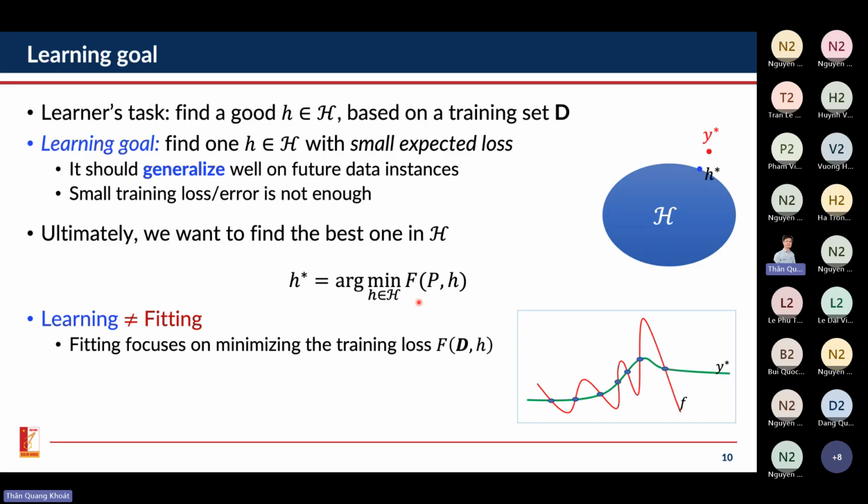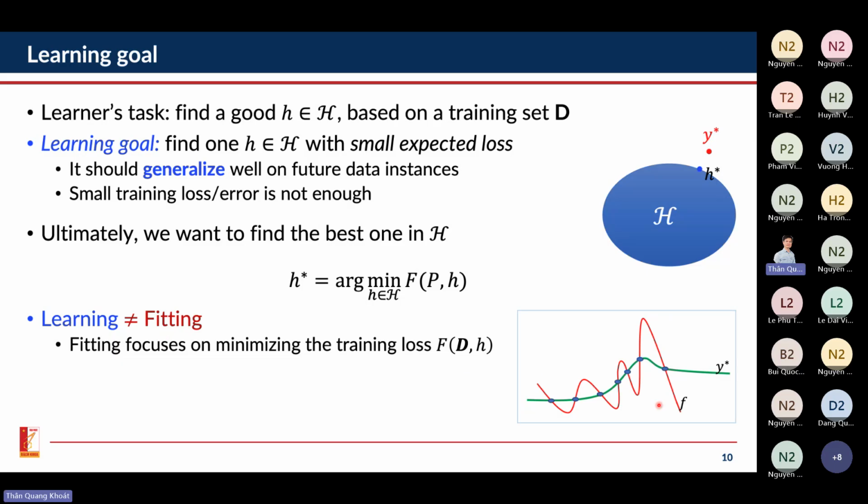We just minimize the training error. Sometimes it can be known as fitting. We fit a model for a given data set, for example. But that is not our goal, it is not the goal of learning.